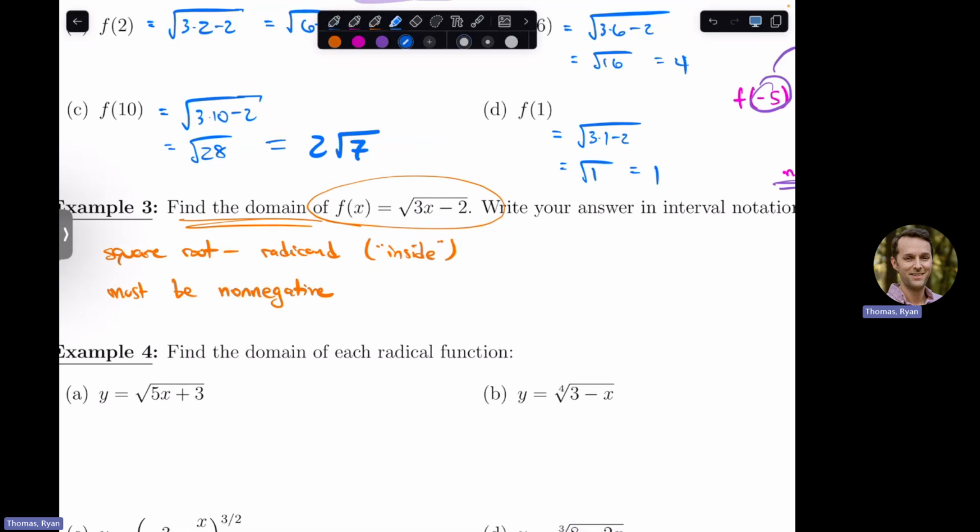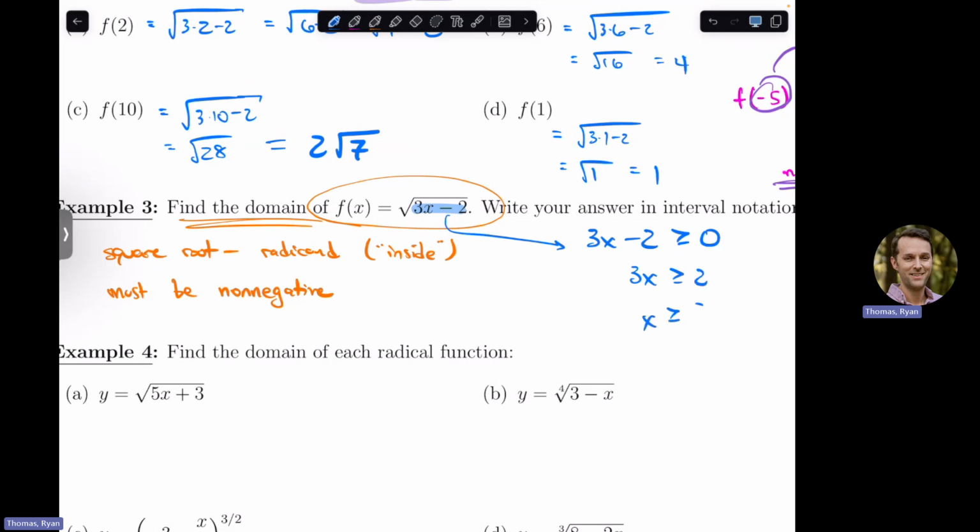So if I take this aside and set it greater than or equal to 0, and then move stuff around, add 2 to both sides, divide by 3, there's your 2/3, right?